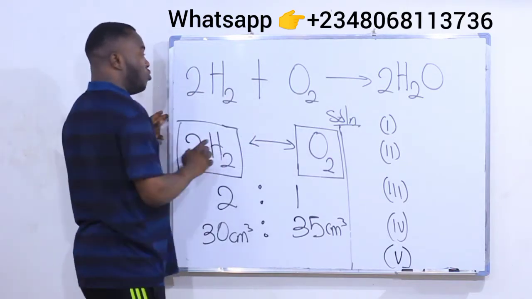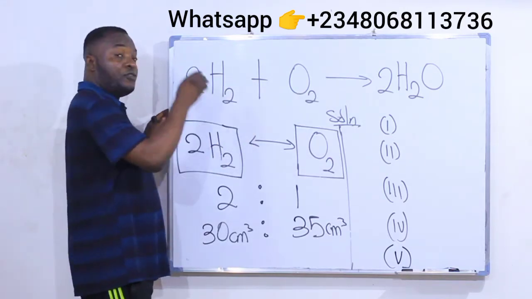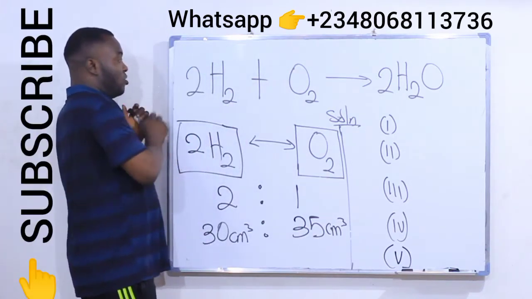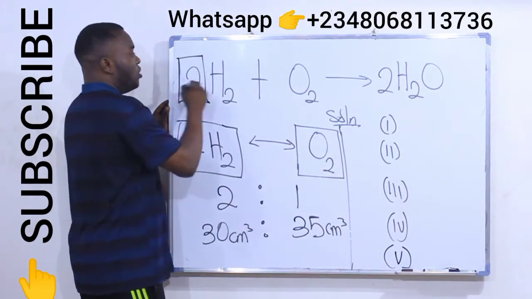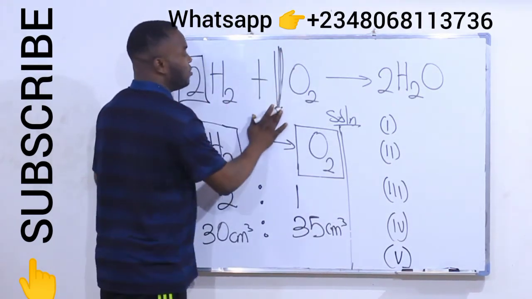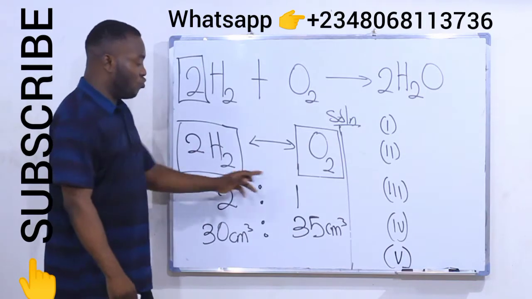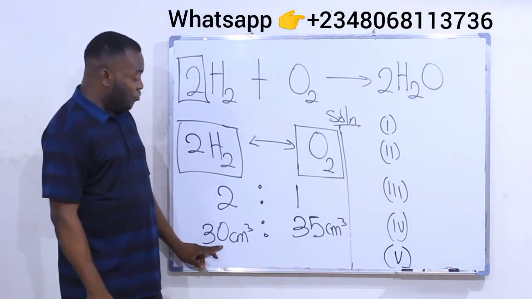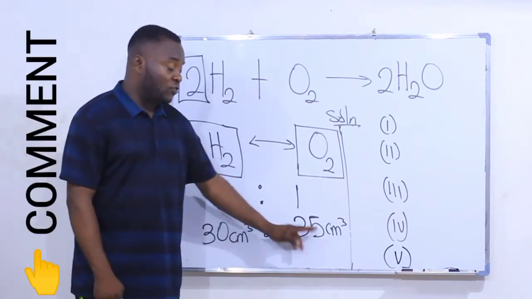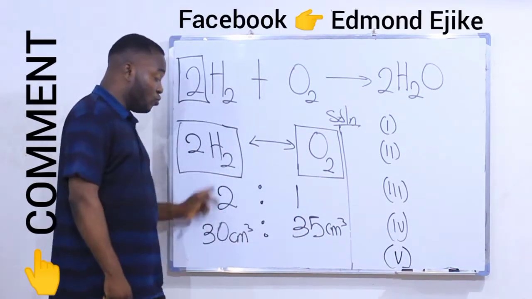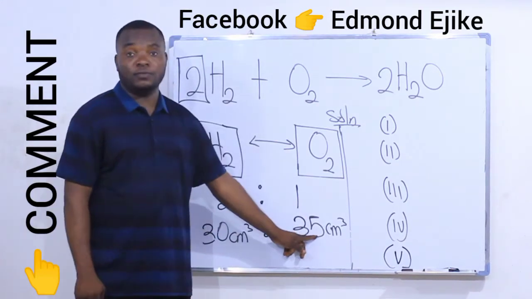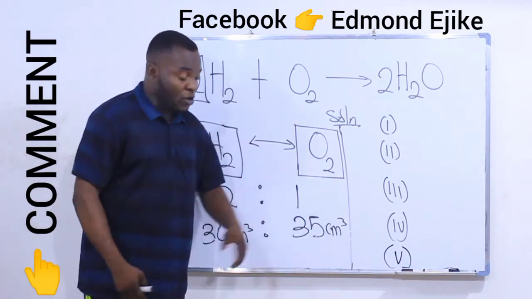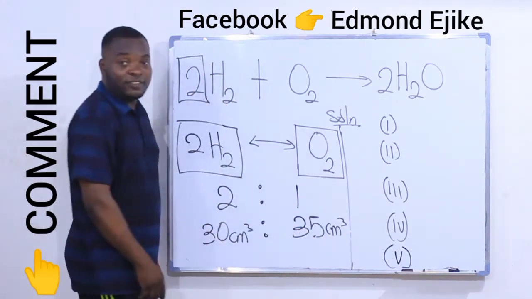And from the equation, we are told that the mixing ratio is 2 hydrogen goes with 1 oxygen. From the balanced equation, look at it here, 2:1. The number here is 1. Now, since it is 2:1, it means that if I'm mixing 30 hydrogen, what I'm supposed to put for oxygen is half of 30, because it's 2:1. So it should be 30:15. But the question said it was mixed 30 to 35. So you can see that oxygen is in excess.